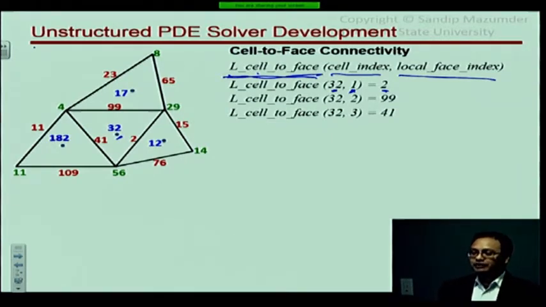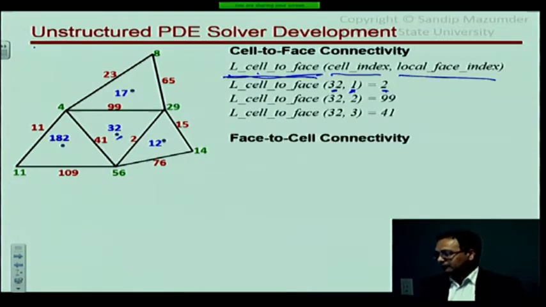Okay, so if I run a loop over the total number of faces of that cell, I go 1, 2, 3, and from 1, 2, 3 I can get the global face indices, and the global face indices can then give me things like areas, surface normals. Okay, so from the cell number I go to the global face number using that connectivity information, and then from the global face number I can get all other kinds of information. Okay, everybody understand that, what this is doing here?